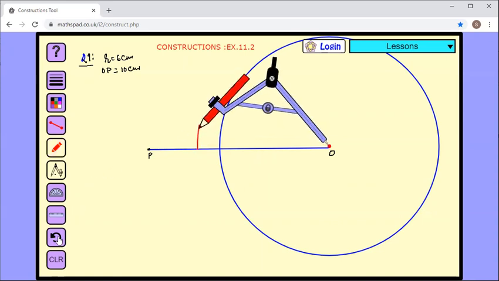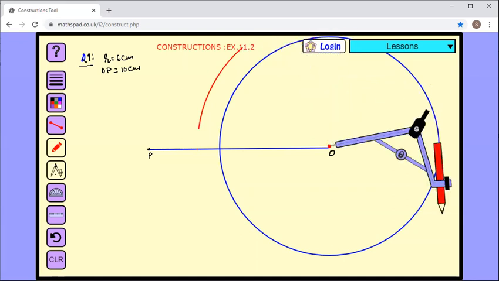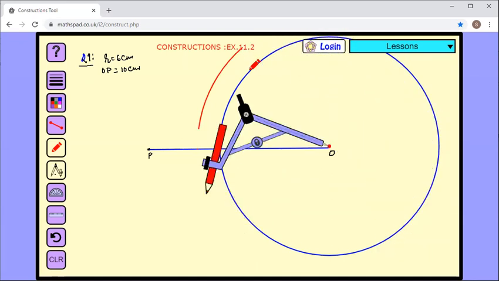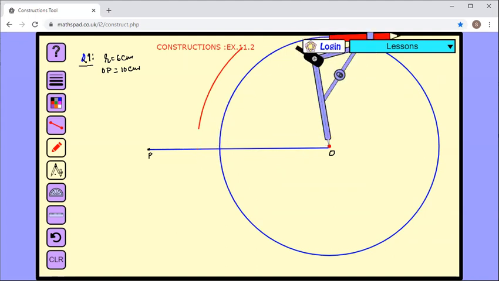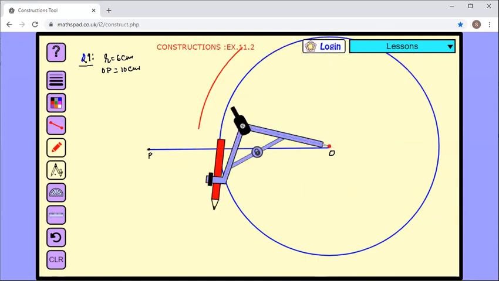And then you will first draw an arc here, and then you will draw an arc down the line segment. So you will draw the arc here on the line segment, below the line segment.